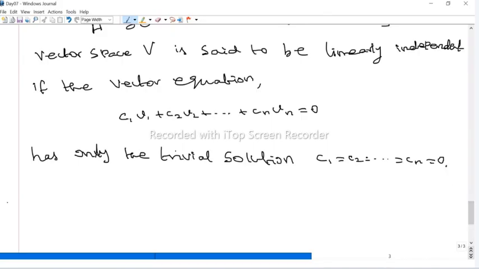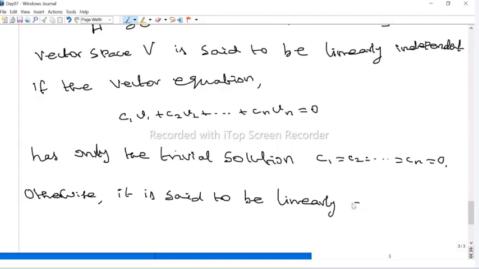Okay, so otherwise it is said to be linearly dependent, a linearly dependent set.